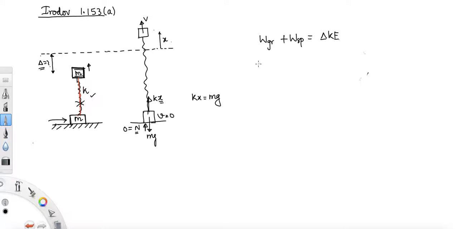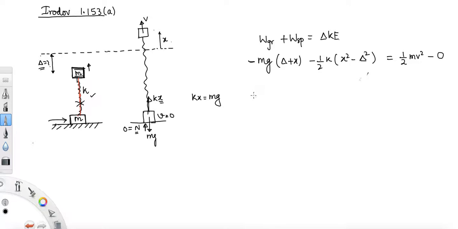The work done by gravity will be mg times (delta plus x) with a negative sign because the displacement is in the direction opposite to gravity, and the work done by the spring is minus half k times (x final square, which is x square, minus x initial square, which is delta square). This is equal to the change in kinetic energy. The final kinetic energy is half mv square, that of the upper block, and the initial kinetic energy is 0.